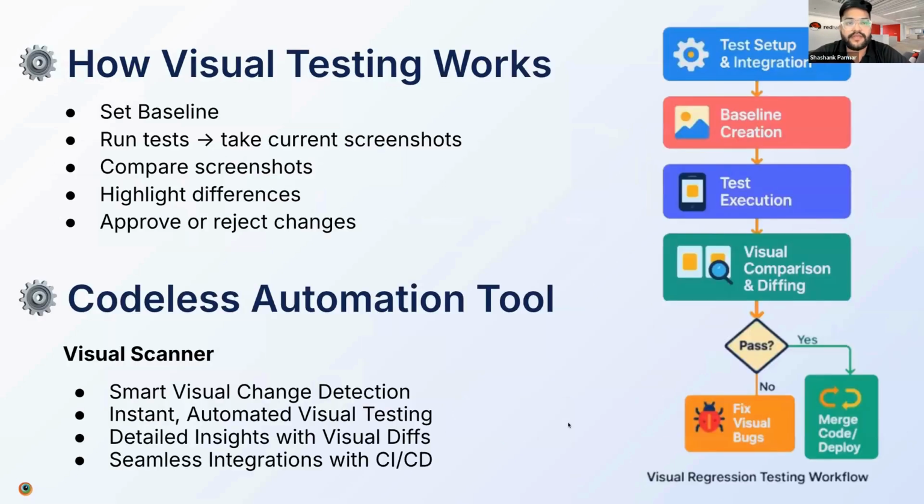Next. So talking about the architecture, how visual testing basically works. Let's talk about the Percy part. We need to configure Percy with our existing automation tool, and first it will create the baseline images and save them to the Percy cloud.